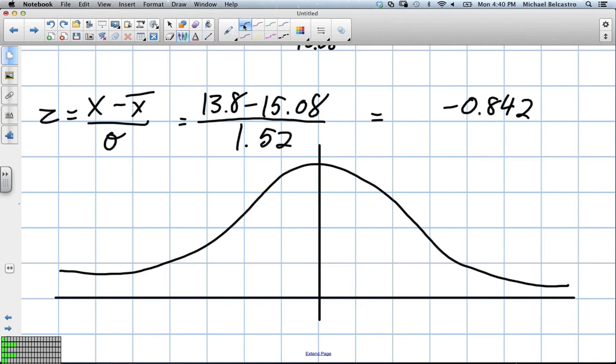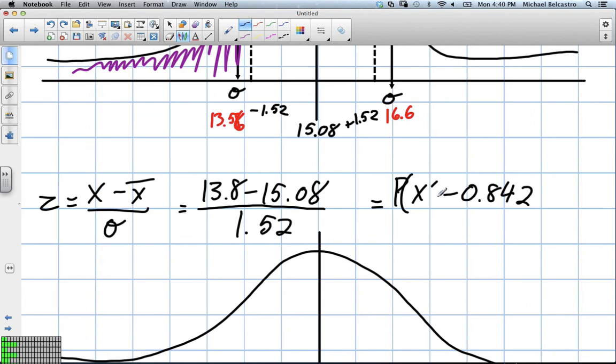Think of this being the amount of area. Okay, this is the probability that our x is less than this amount. Or our z-score, when we go to break it up, is actually going to be the probability that z is less than that amount.